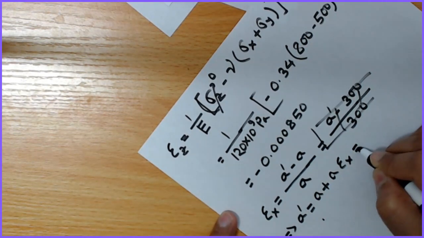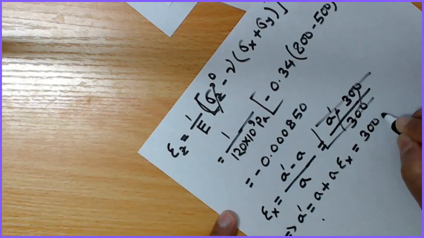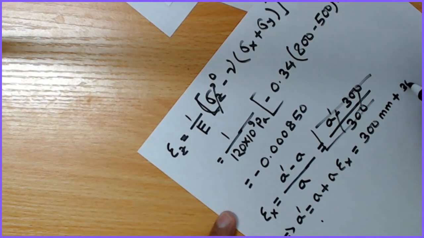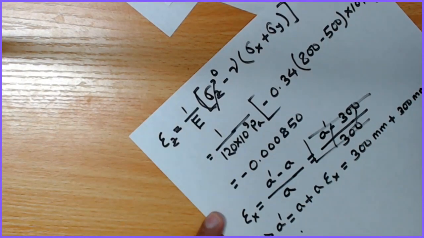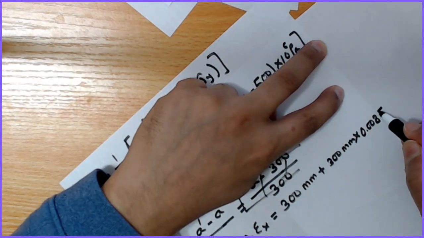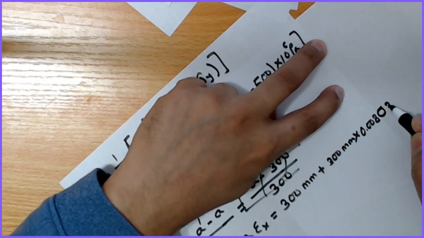So we know a is 300 millimeter plus 300 millimeter multiplied by 0.00808.